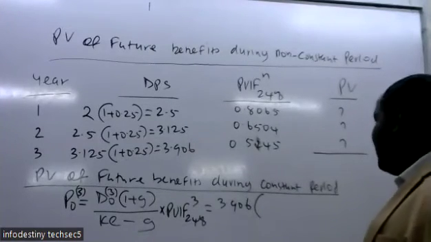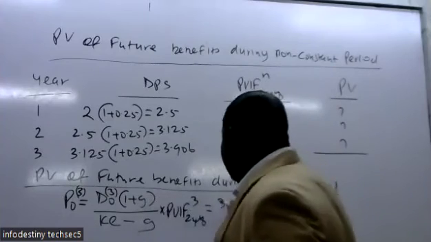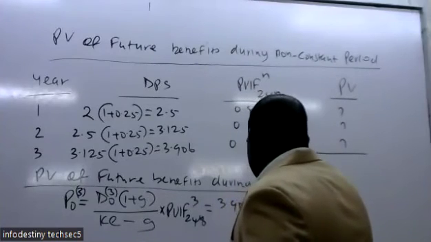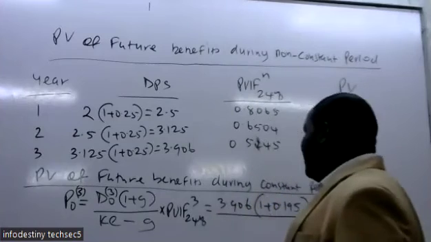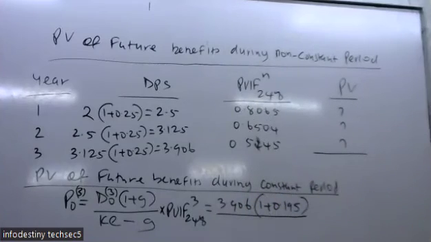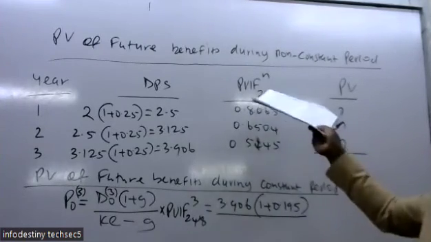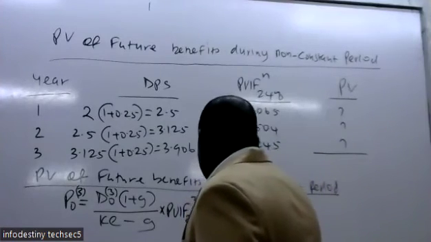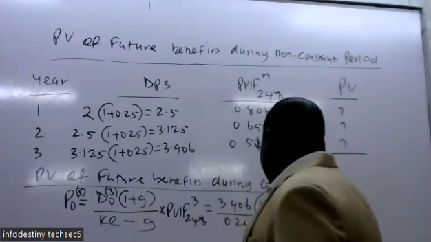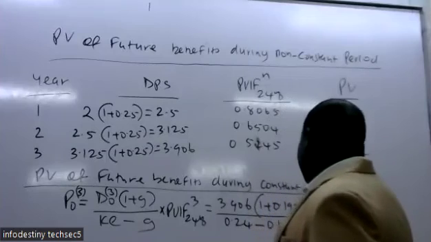Yes, so 19.5%, which is 1 plus 0.195. Then we divide by Ke. Ke is the 24% cost of capital, which is 0.24 minus 0.195.